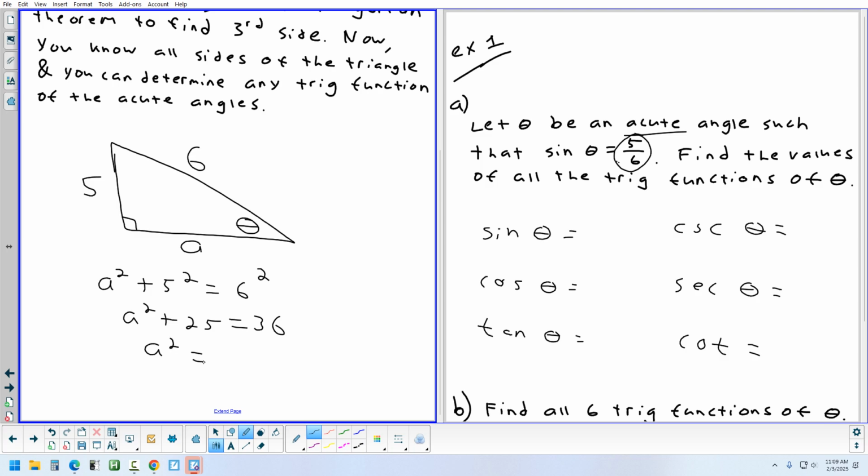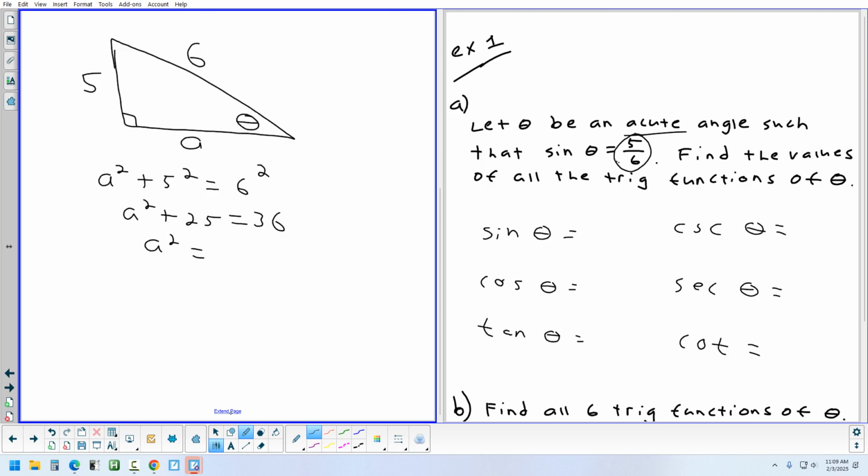Subtract 25. 36 minus 25 is 11. And now your last step to get A by itself. Square root. When you are doing right triangle trig, and you are finding trig ratios, not when you're solving for angles, that's different, but when you're finding the 6 trig functions, we're going to leave that exact. So A, we now know, is square root of 11.